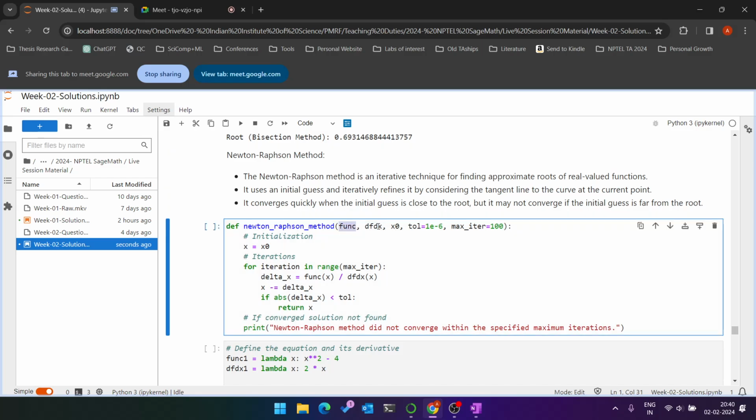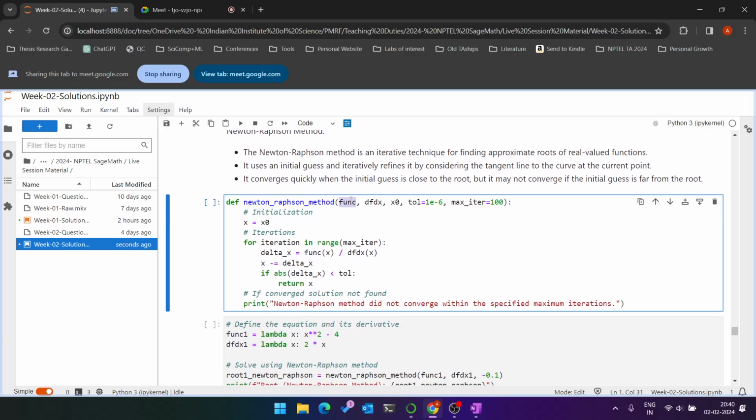Again, I think the code for this has been shown in the class itself, but I'll just show it here. So you have a function f of x, df by dx, my initial guess, tolerance, and maximum iterations.